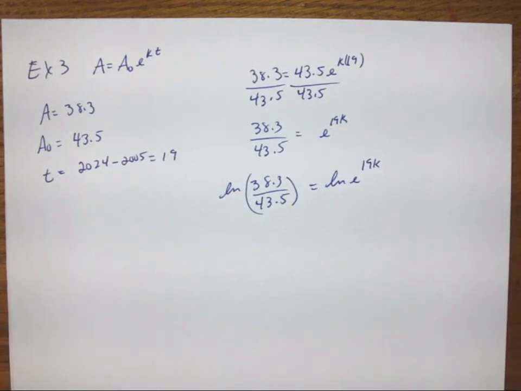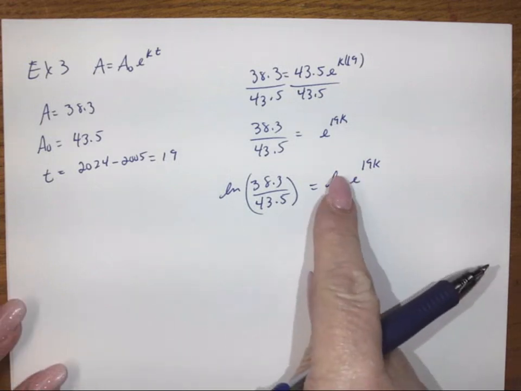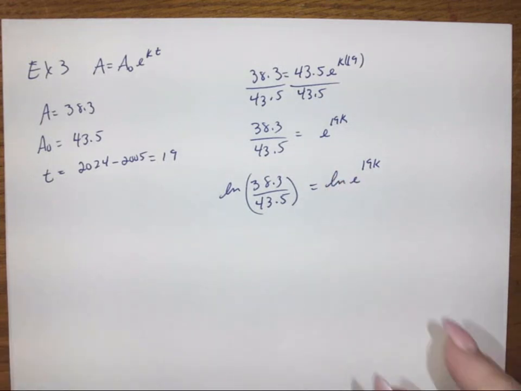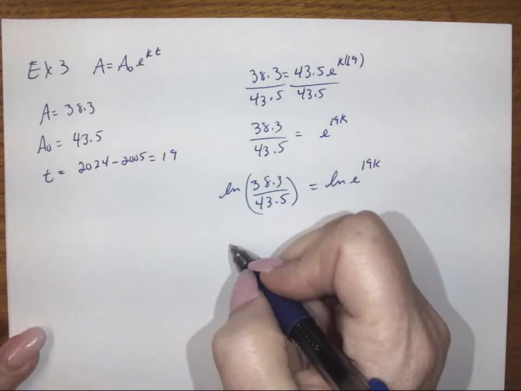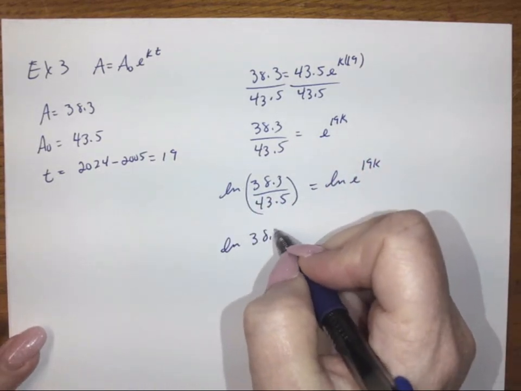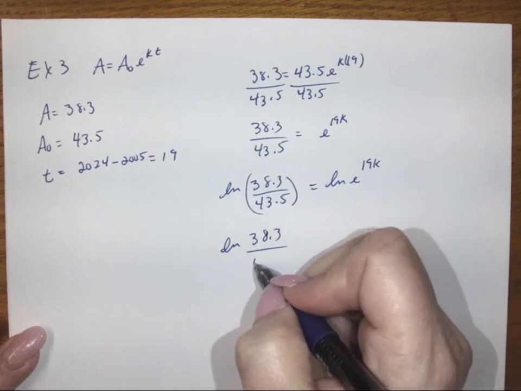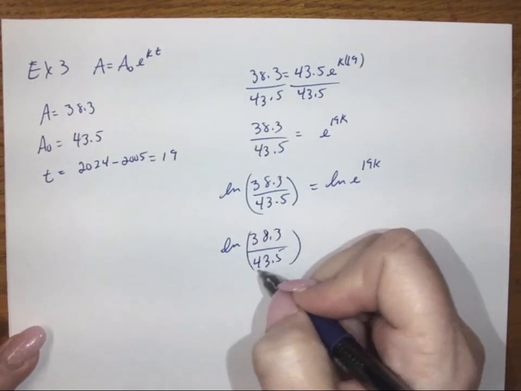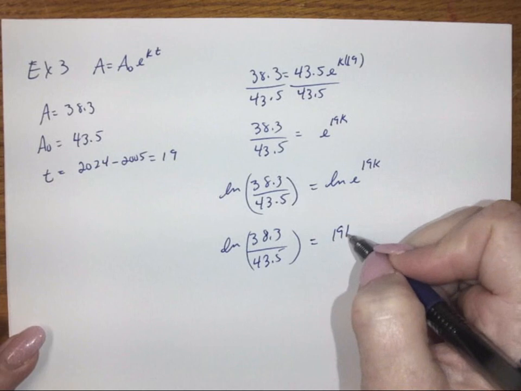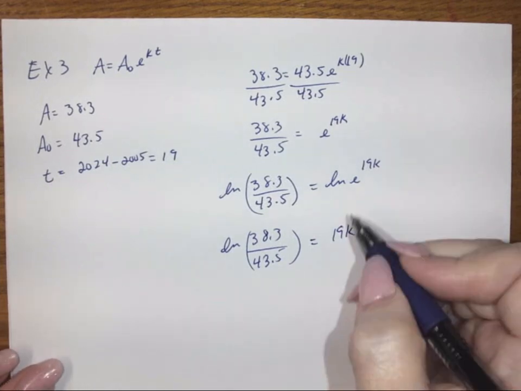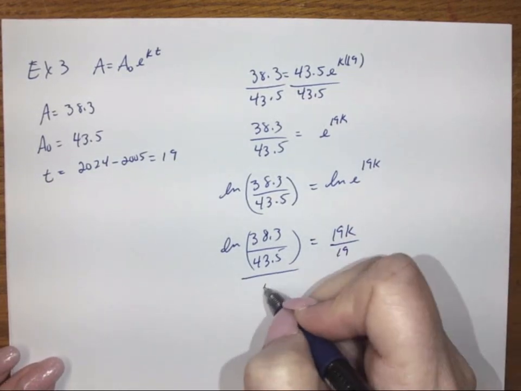Now remember, through those logarithmic properties and the natural log properties, that the ln and e, when we have that, it will just leave us with the exponent. So we have the ln of 38.3 over 43.5 is equal to 19k. Now we need to divide both sides by 19.